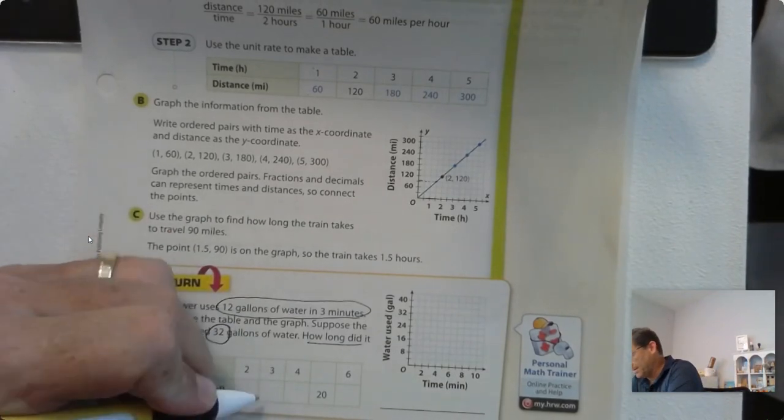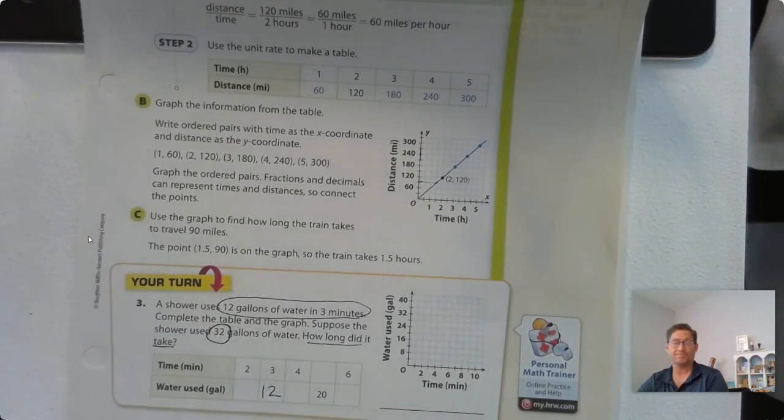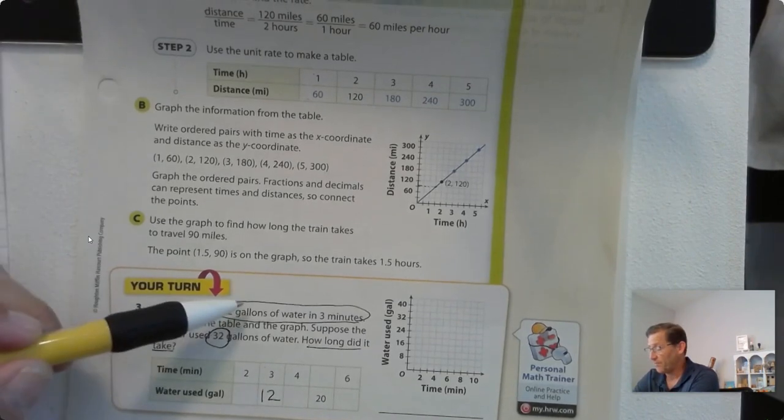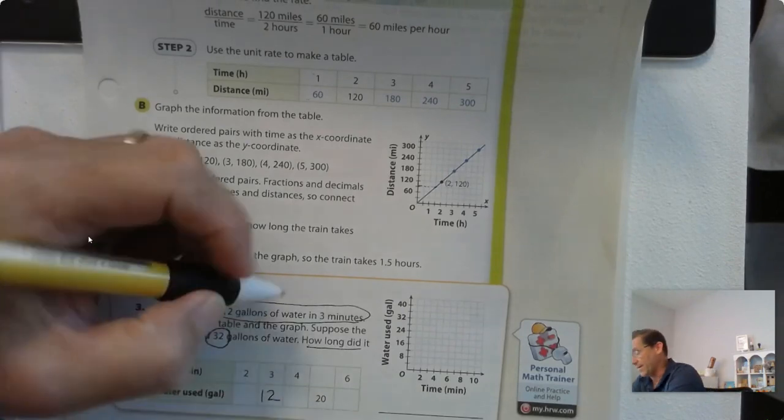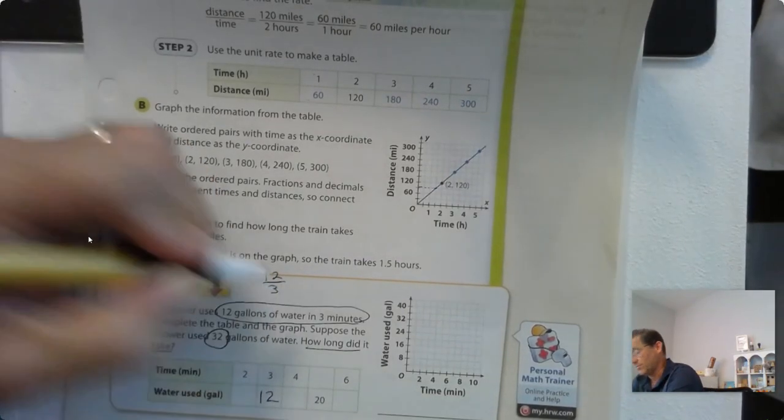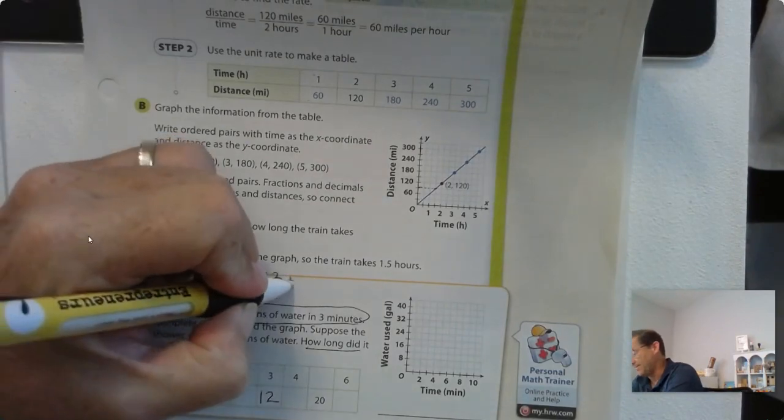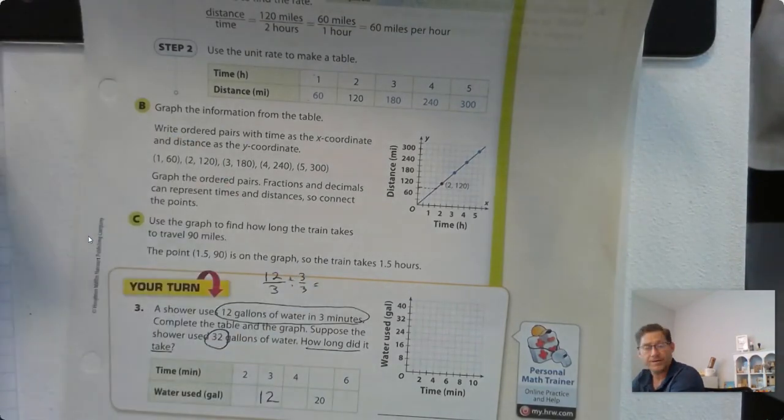So 12 gallons in 3 minutes. All right. Well, 3 times what is 12? 3 times 4. So we're going to use 4 gallons of water for every minute. So we can write this like this. Divide numerator and denominator by 3.